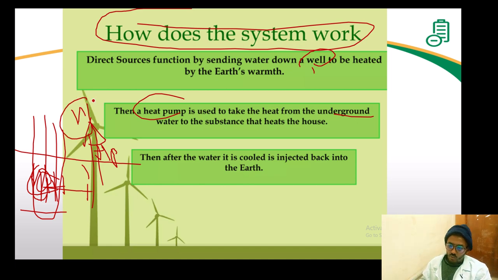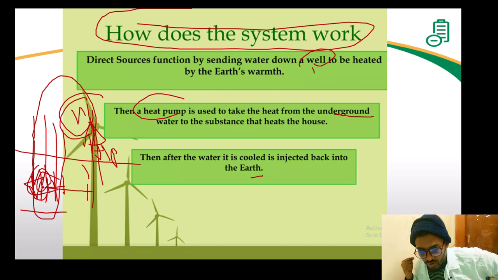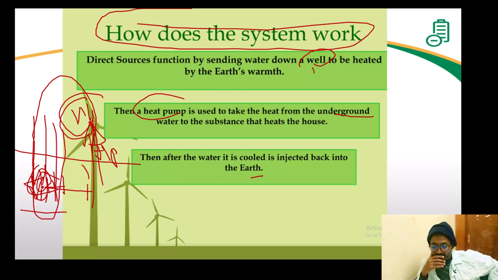Then, after the water is cold, it is ejected back into the earth. After the water is cold, we send it for a second time to the underground area. We repeat this process many times again and again in order to have a non-stop power output.